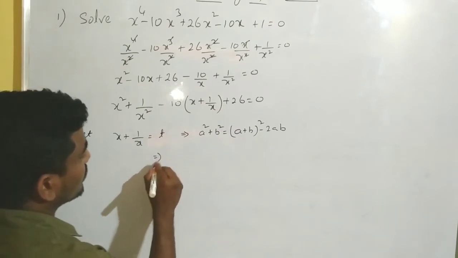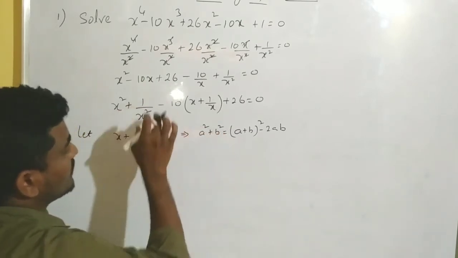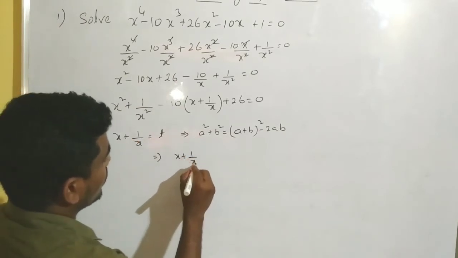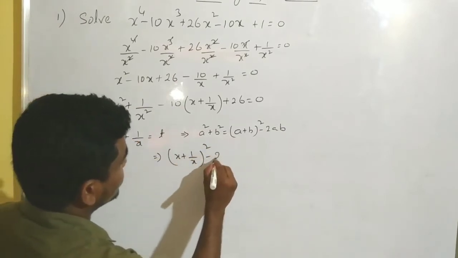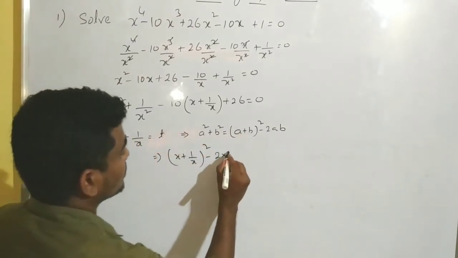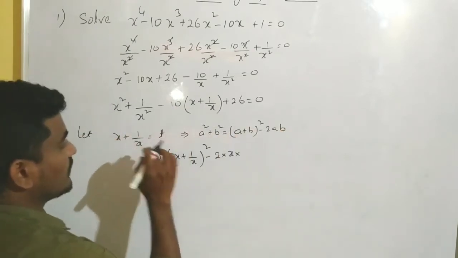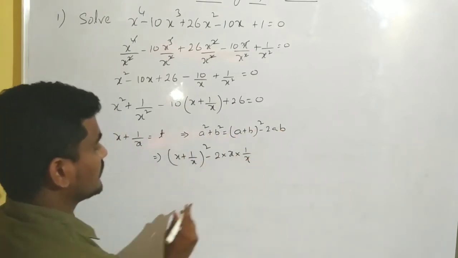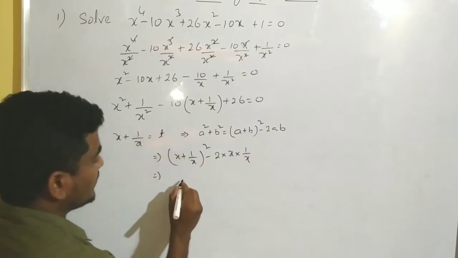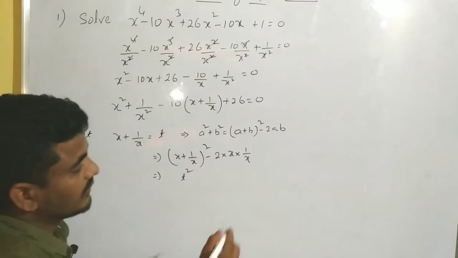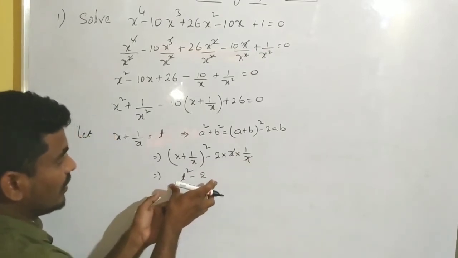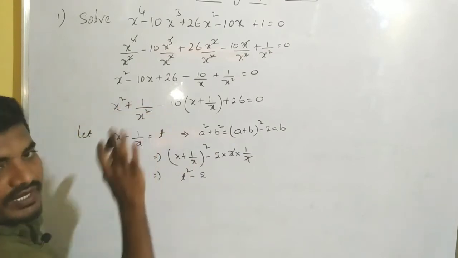So x square plus 1 by x square is x plus 1 by x whole square minus 2 into a, where a equals x and b equals 1 by x. The value of x plus 1 by x is t, so it becomes t square. Here x gets cancelled, minus 2 will be left. This is the value of x square plus 1 by x square.